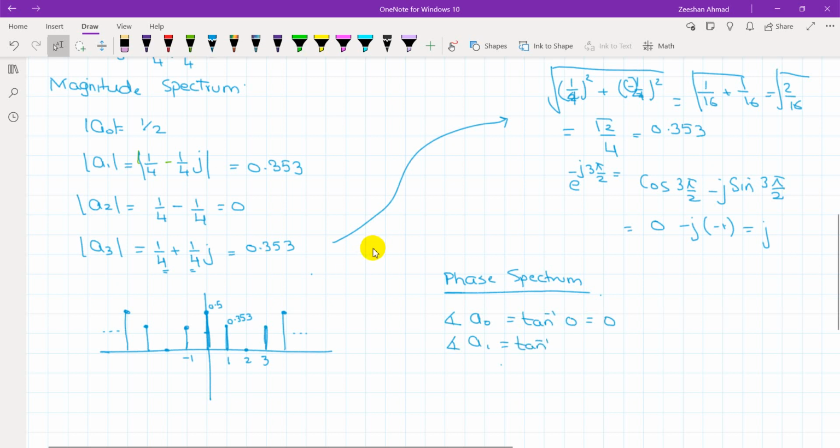Now the imaginary part here is minus 1 by 4 divided by the real part, which is 1 by 4 here. So I will have tan inverse of minus 1, which, if I'm not wrong, is minus pi by 4 here, like minus 45 degrees.